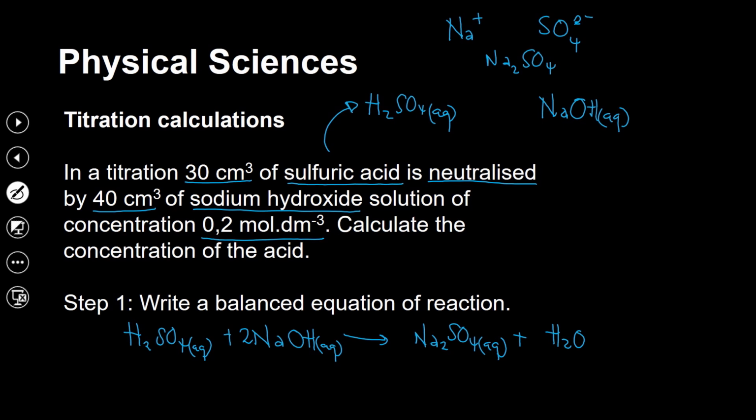So it means we need a 2 there, right? Let's check the oxygen. We have 4 plus 2, which gives us 6. Now the equation is actually balanced. So what does this tell us? It tells us that the stoichiometric ratio is 1:2, the acid-base ratio. This is what we are particularly interested in, right?